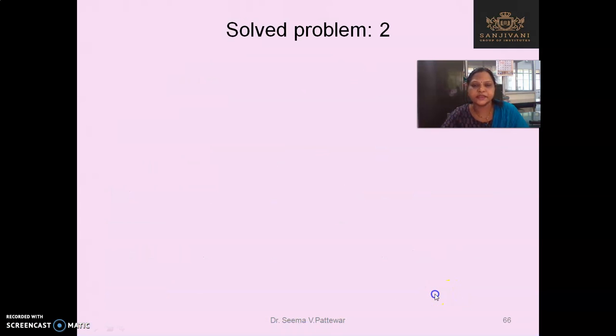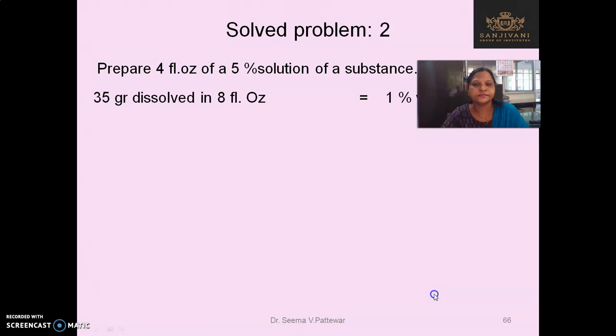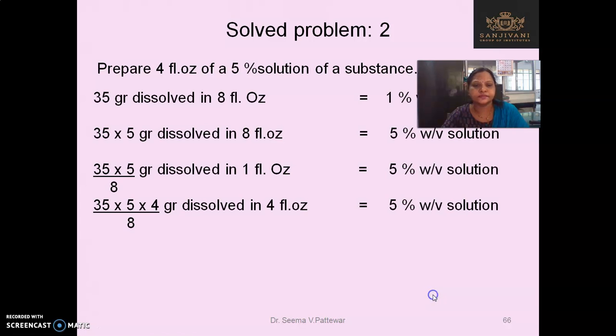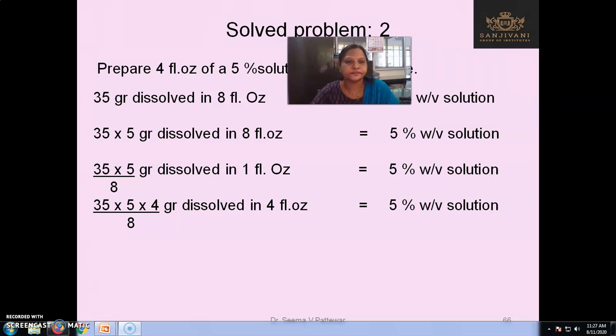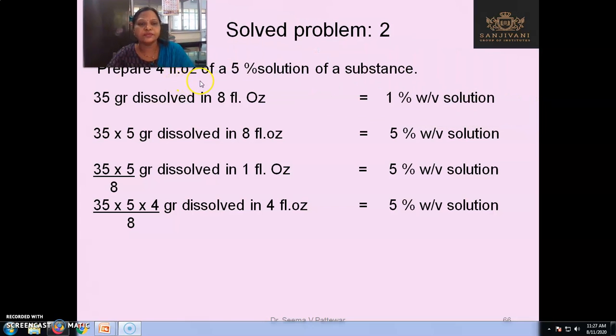So see the second example. Prepare 4 fluid ounce of a 5% solution of a substance. So how can we calculate? By taking the metric equivalence, that is 35 grains dissolved in 8 fluid ounce gives 1% solution.